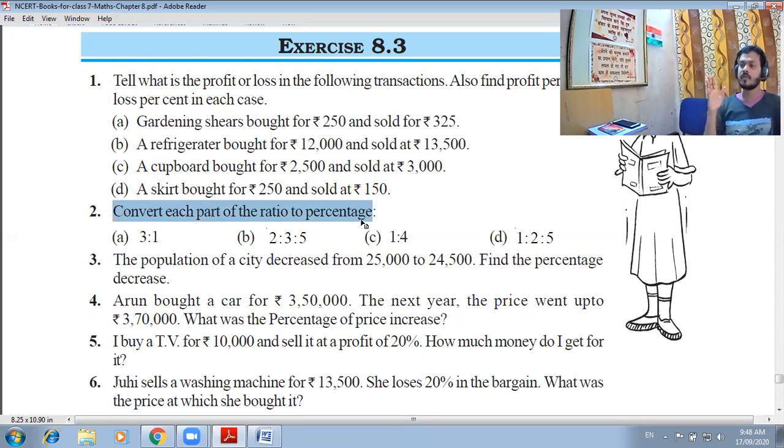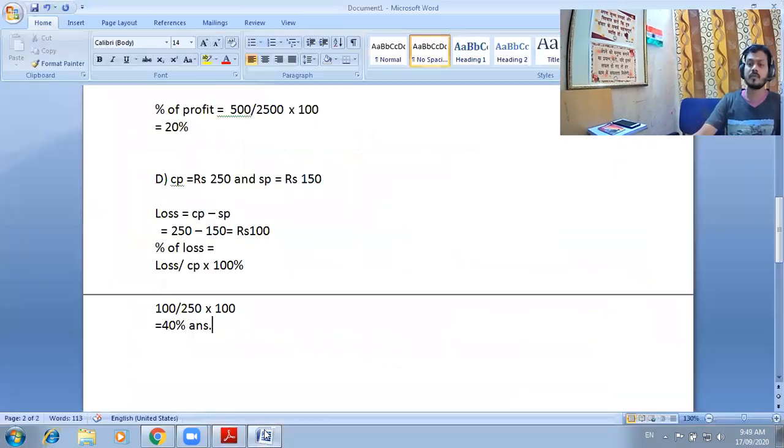Everyone knows, to convert into percentage, always multiply the numerator by 100, and write the symbol for percentage. Firstly we find out each portion, then calculate the percentage.